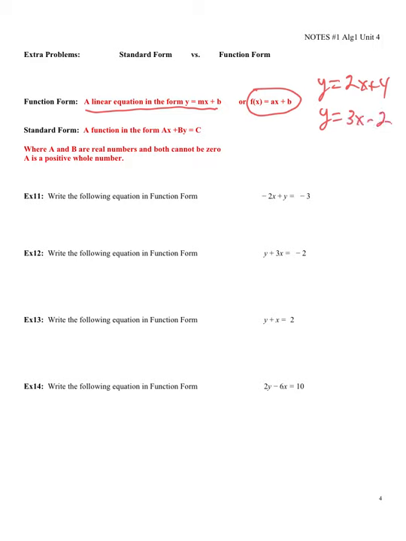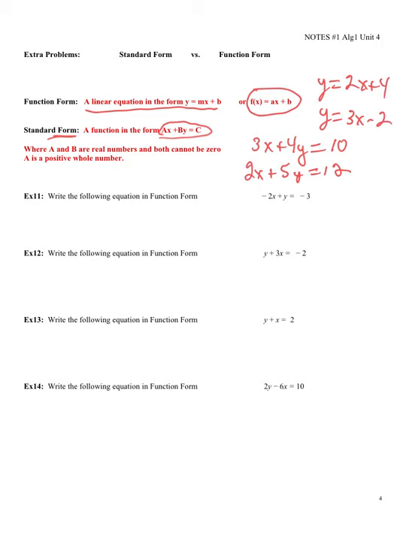But you can write equations multiple ways, and another term is called standard form. In standard form, it's ax plus by equals c, where A and B are real numbers and both cannot be 0, and A is a positive whole number, meaning A cannot be negative and it cannot be a fraction.